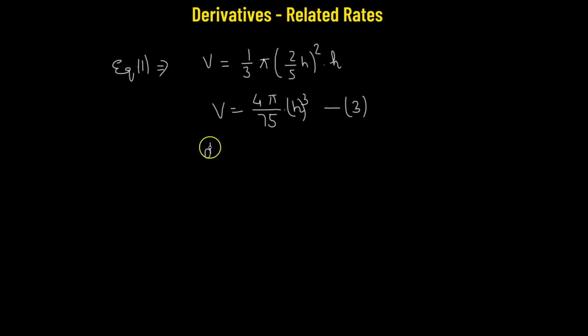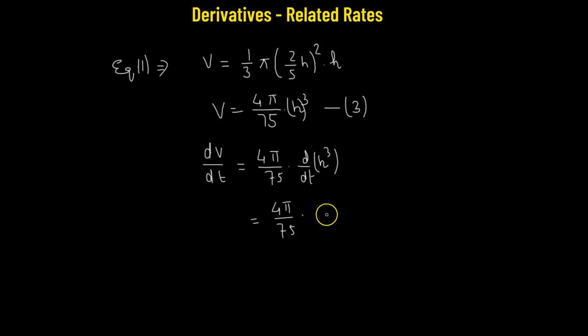The time derivative of the volume, dV over dt, will be equal to 4 pi over 75 multiplied by the rate of change of h cubed. Here we need to use the power rule and the chain rule to find the derivative of h cubed. So we have 4 pi over 75 multiplied by 3h squared times dh over dt.